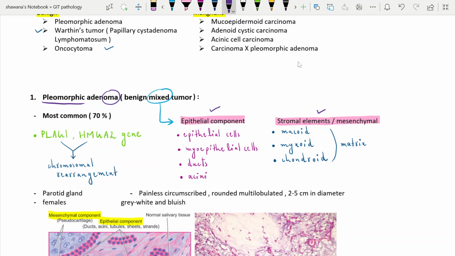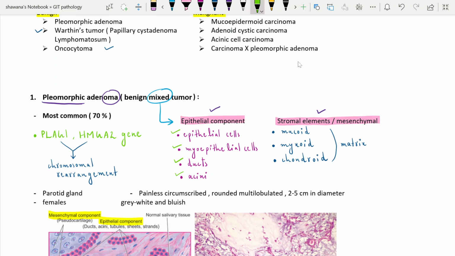It means that the tumor contains two parts: an epithelial part and a mesenchymal or stromal part. In the epithelial component, all of the epithelium comes here: epithelial cells, myoepithelial cells, the ducts, cuboidal epithelium, and the acini. It can be serous or mucinous.